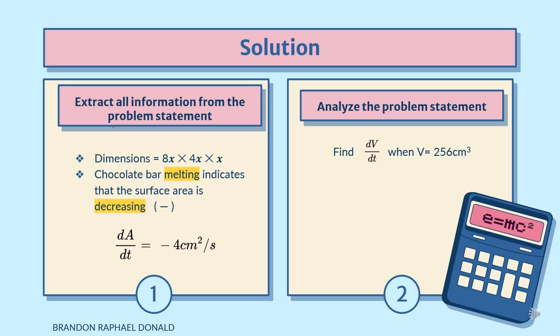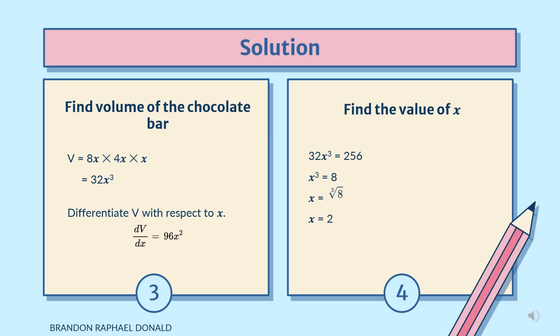From the problem statement, we need to find dV/dt when the volume is equal to 256 cm³. Find the volume of the chocolate bar. V is equal to the dimensions that we get from the problem statement, which is 32x³.